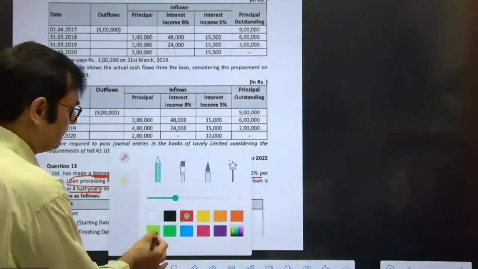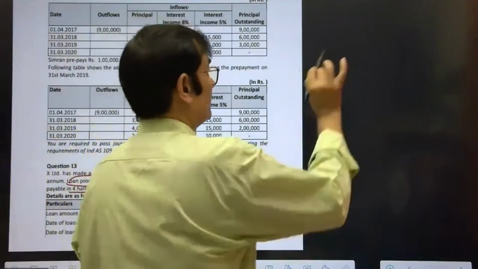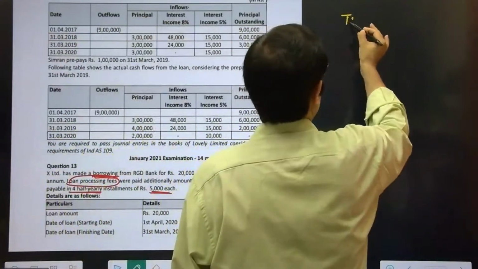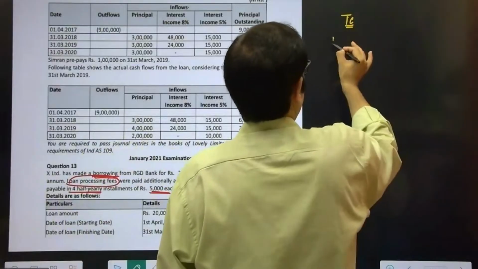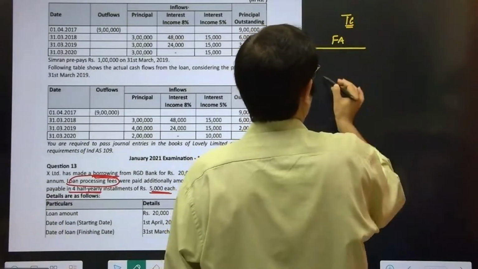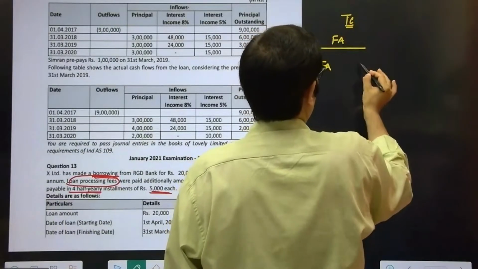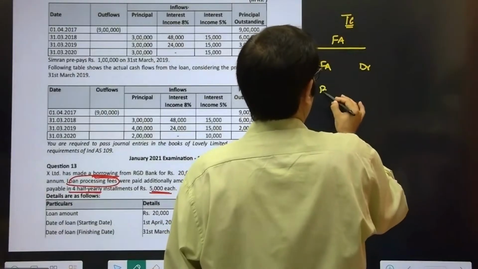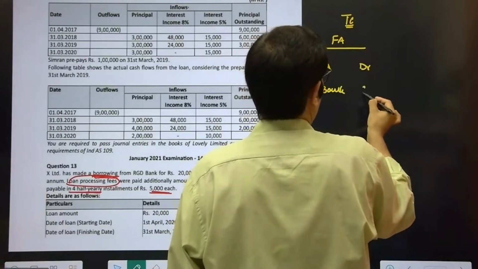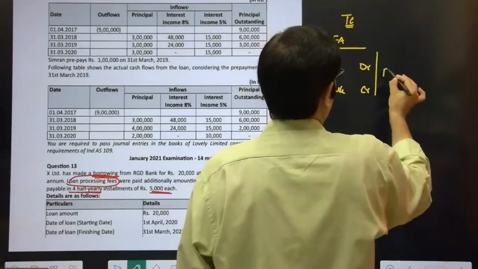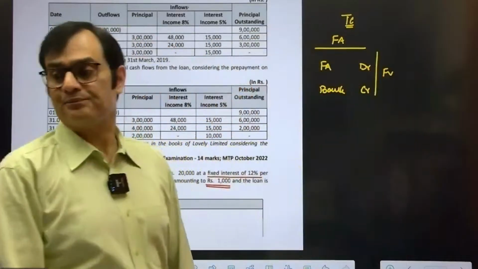Just watch the inputs carefully to understand the basic logic. I'm talking in terms of TC. Let's consider the case of a financial asset. When you buy a financial asset, the entry is financial asset gets a debit and the bank gets a credit, and this is at the fair value.